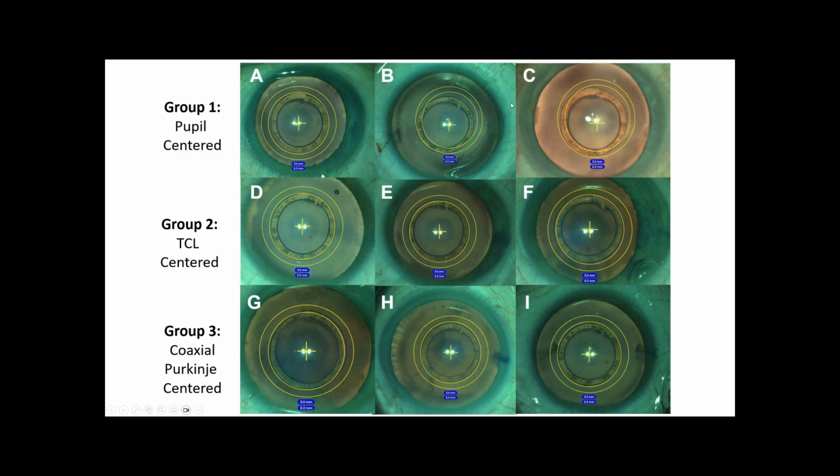To verify the results, we used Callisto Eye, but reference matched the IOL master data. So here is shown the visual axis as measured by the IOL master, and then we have superimposed on here a diameter of 5 millimeters and then 6 millimeters.